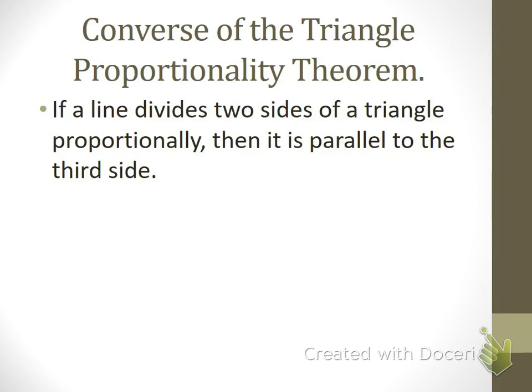So notice on the first set of examples above, we always had those little arrows showing us parallel lines. On the next set of examples, we will not have those little arrows, and we will have to decide if the lines are parallel based on whether or not the sides are proportionally divided.